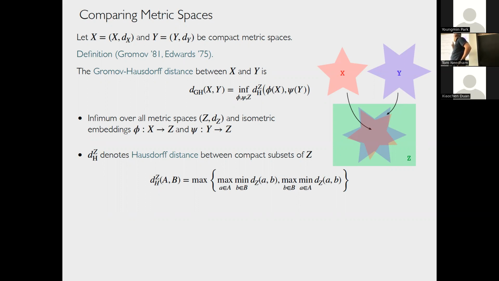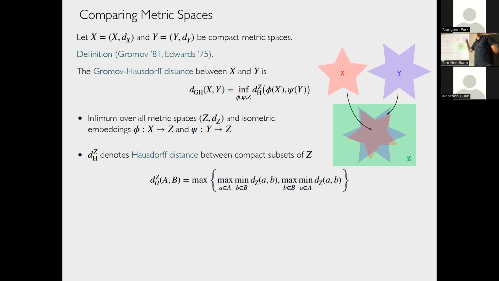Suppose that I've chosen some space Z and I've embedded my X and Y into Z. Here's my metric space X, here's Y, here's Z. I'm isometrically embedding these in the same space. I can measure the Hausdorff distance between them, which is given by this formula, but the formula doesn't really matter. Just think of it as measuring how much they overlap in some sense. If I have an embedding space, then I can measure Hausdorff distance.